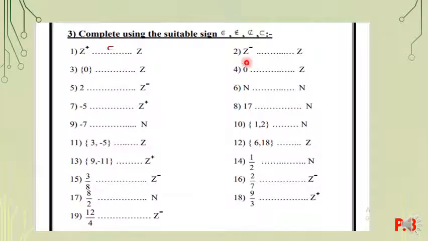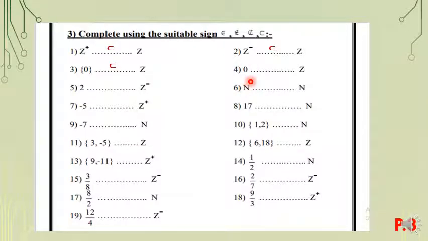Number 2, Z negative, and here is Z. Set and set, we have all the elements of Z negative inside Z, so the suitable sign is subset. Set of 0, subset of Z. Here we have 0, 0 without any braces, which means 0 here is an element.